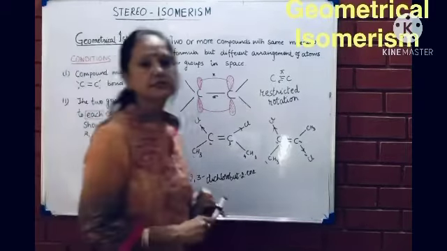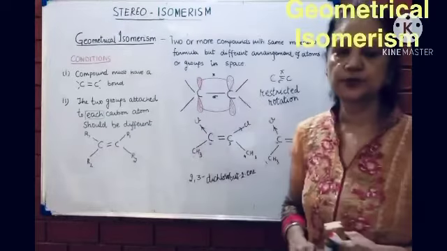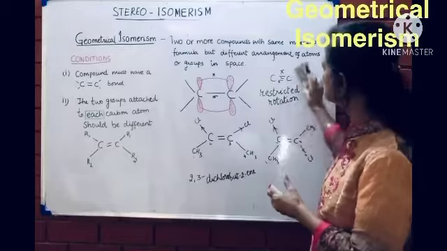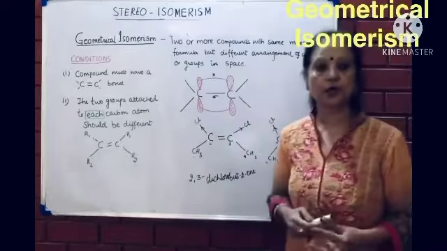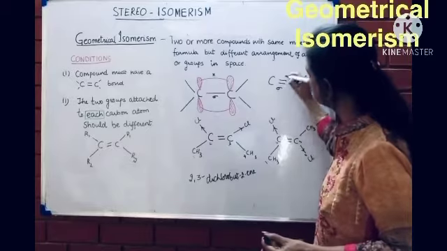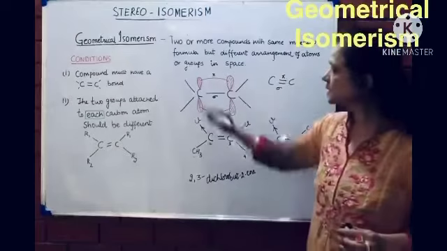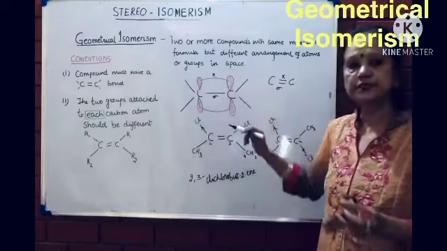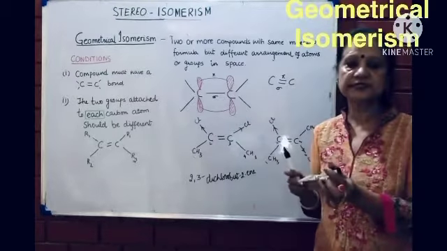Now, why does geometrical isomerism take place? In a double bond compound, you already know there is a sigma bond and there is a pi bond. A pi bond means a p orbital overlapping sideways.